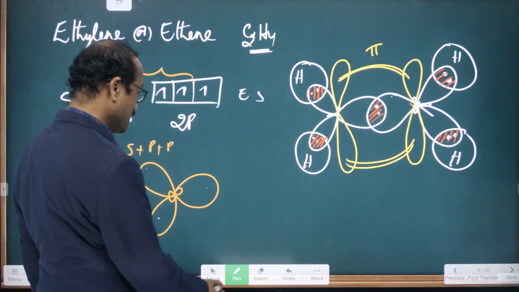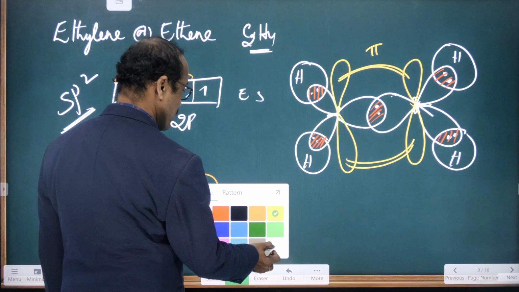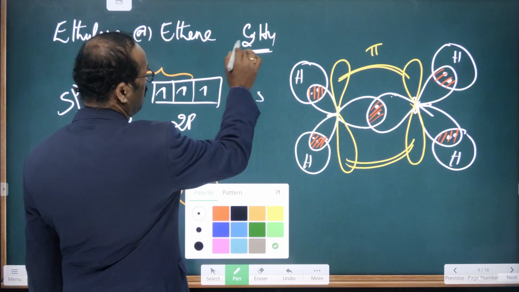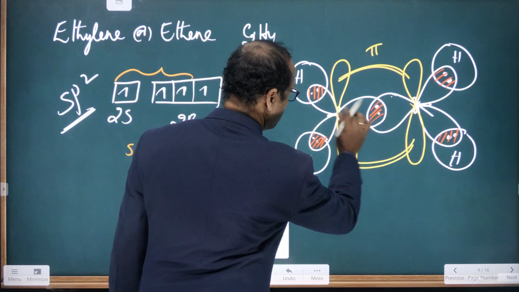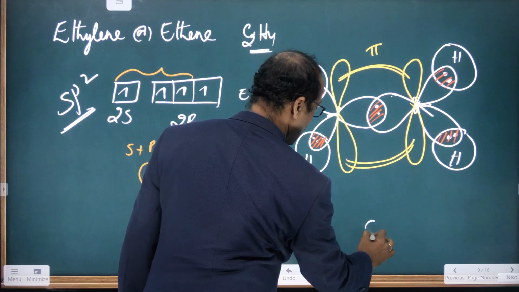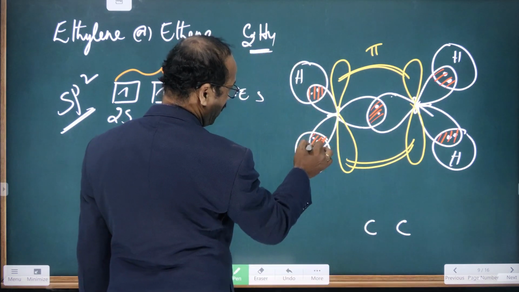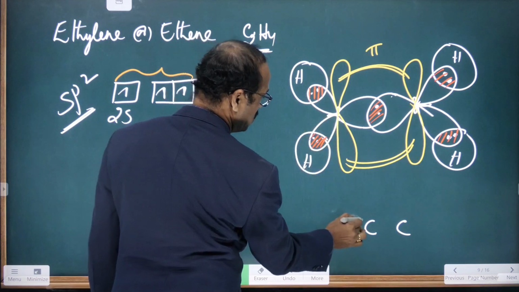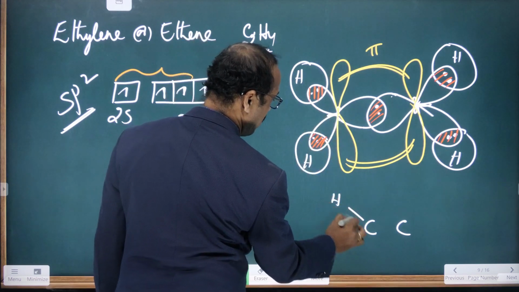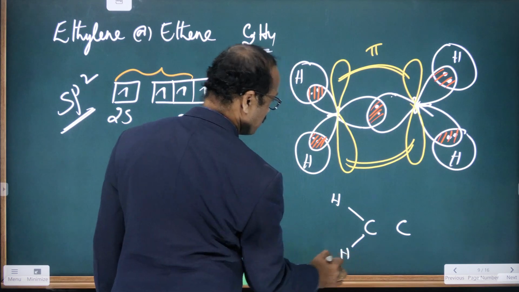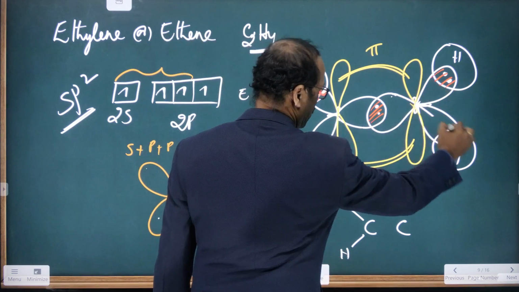Now how can I draw the structure of ethene? 2 carbons. This is one carbon, this is one carbon. This carbon is combining with 2 hydrogens, and this one is also combining with 2 hydrogens.